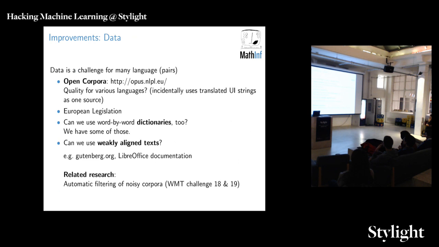The other direction of improvement would be to get a systematic view of how to get data. There's a project that collects open corpora. Funnily, one of the things is they use translated user interface strings, but I'm not sure what happens if you train a model on user interface strings and then use it to translate poetry.